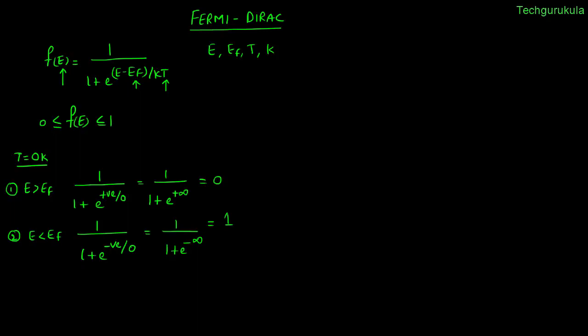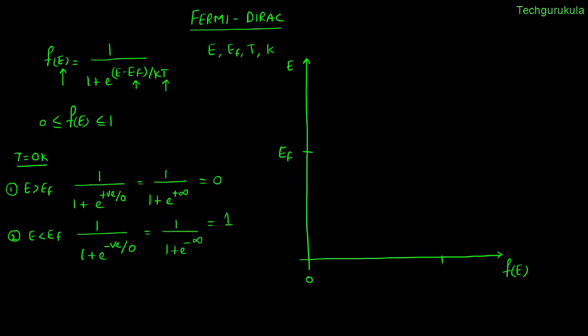Let us try to plot these values in a graph, where we are taking E, the energy level, on the y-axis, and f of E on the x-axis. Now let me assume EF is somewhere here, because we are talking about E with respect to EF, and we know that f of E values will be between 0 and 1.